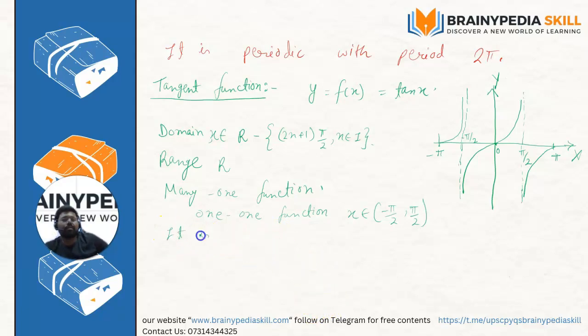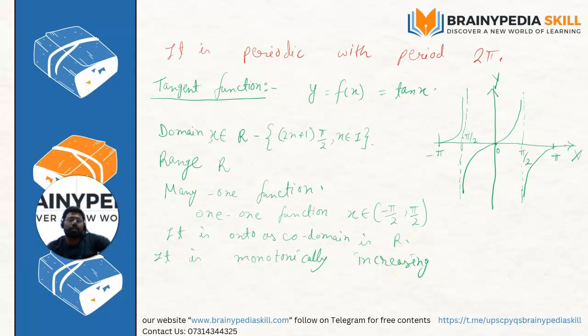It is onto function, codomain is R. Okay, it is monotonically increasing for all x belongs to R.